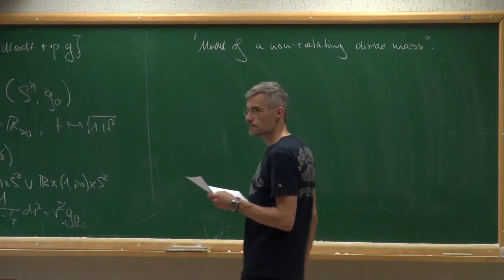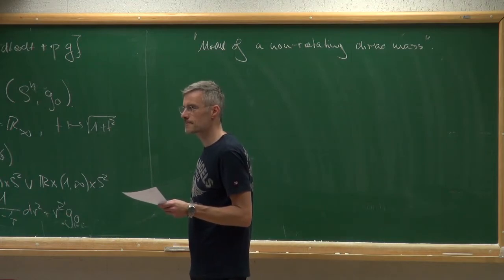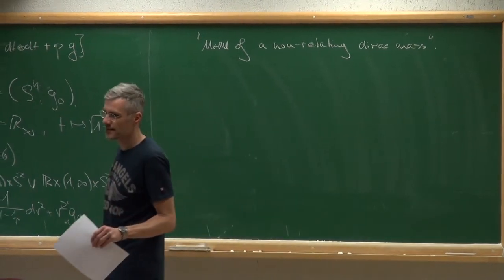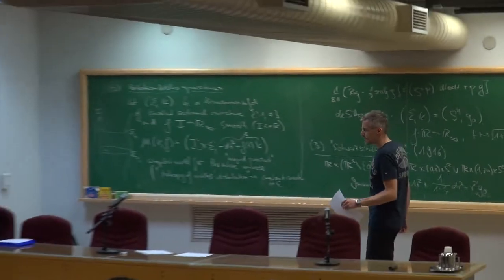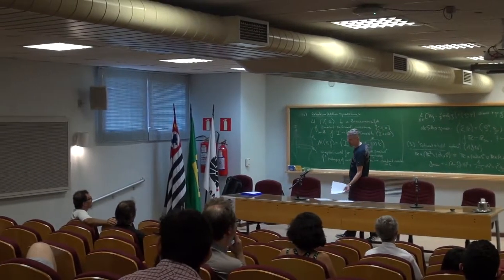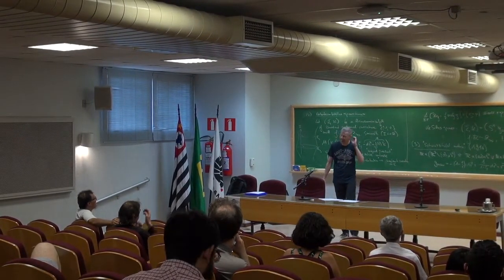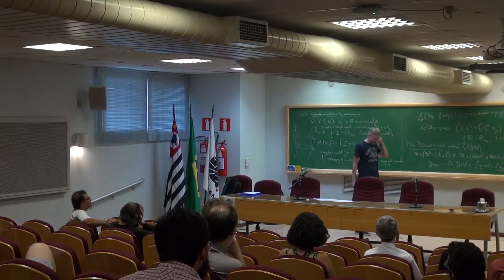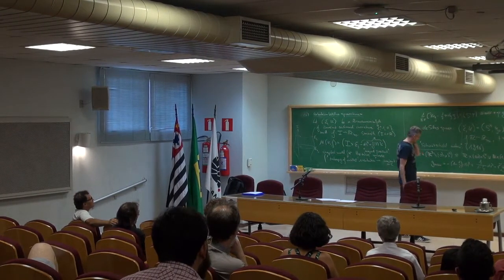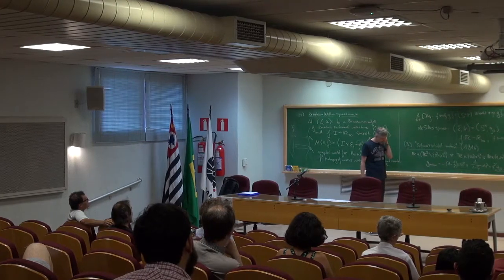It's also curious, this statement, non-rotating point mass, right? Because what's the meaning of a rotating point? Well, there is a rotating point mass solution as well. So what's the angular momentum of a point mass? How do they define that?